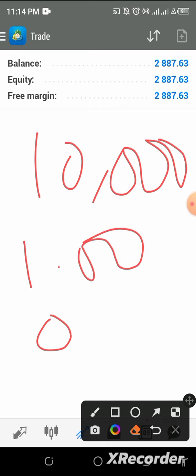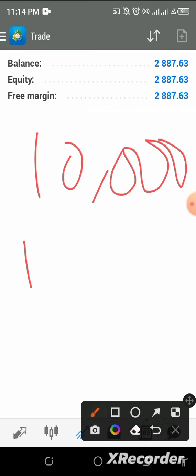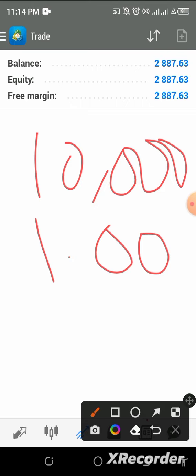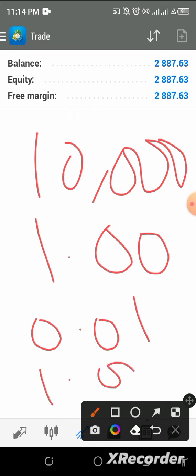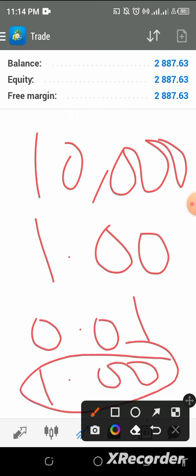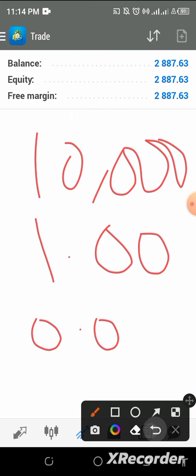On this $10,000 account, you're going to be using one standard, 1.00. There is a difference between 0.01 and 1.00. 2.00 is two standard.